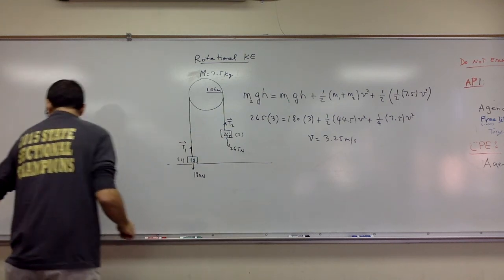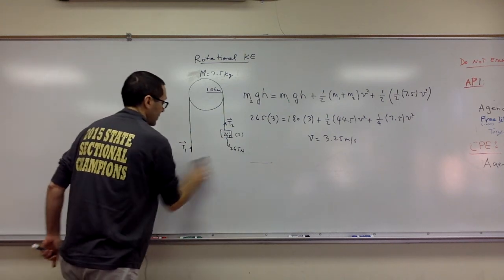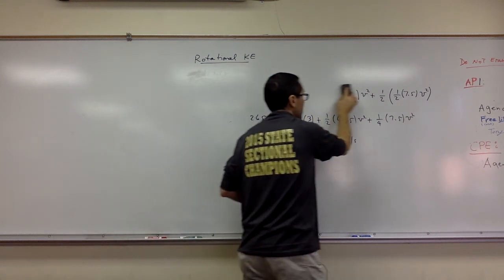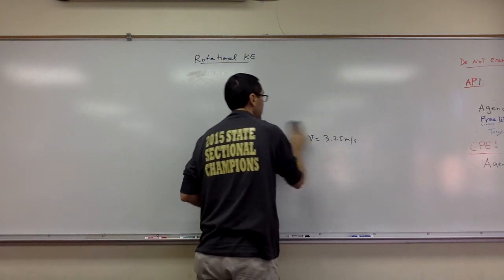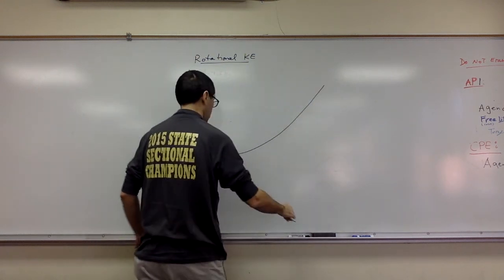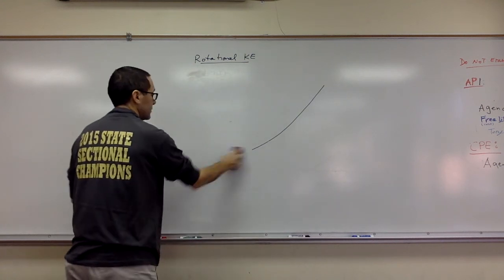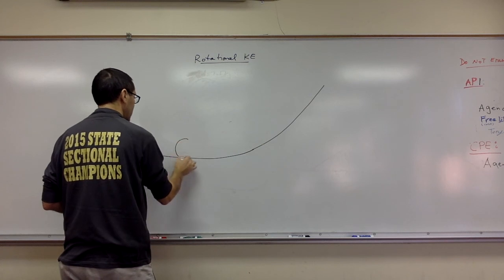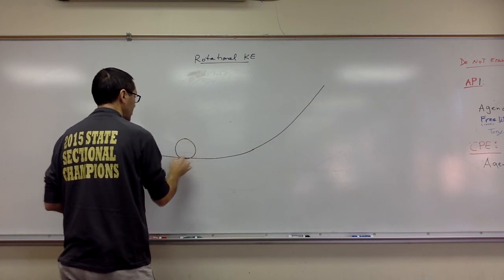So now we're going to try to do one with an object going up a ramp or down a ramp, it doesn't matter. So I'm going to make an object go up a ramp. Okay, so let's make that object a sphere.